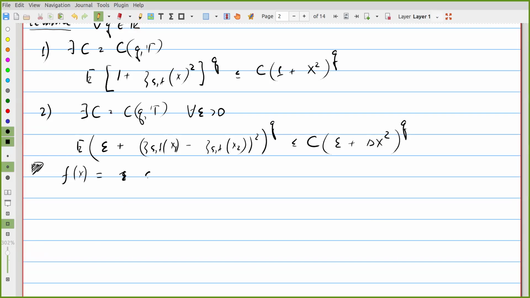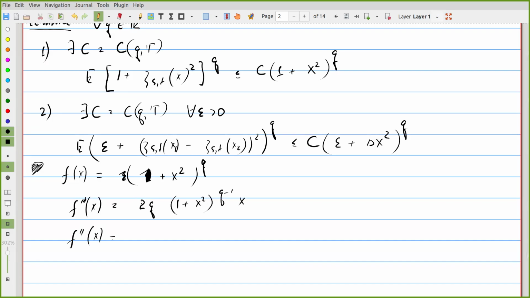Let's do it with epsilon even, because here you can put epsilon to, maybe you don't really need it, q. So the first derivative is going to be 2q(1 plus x squared) to the power q minus 1, times x.